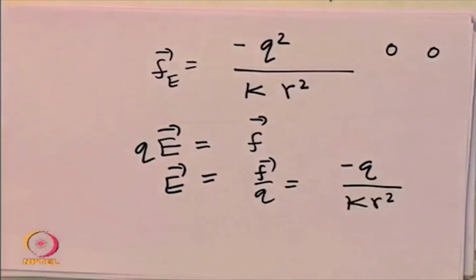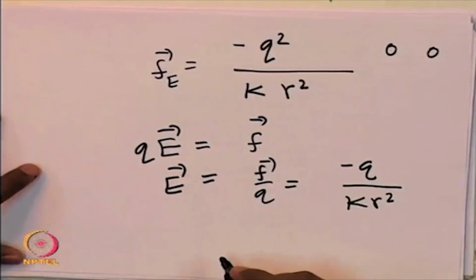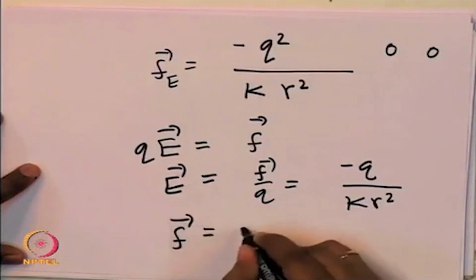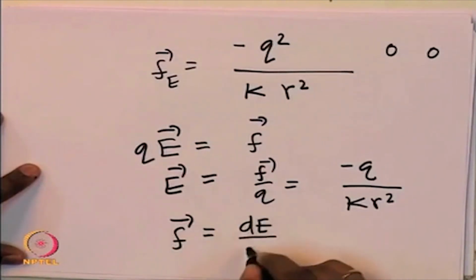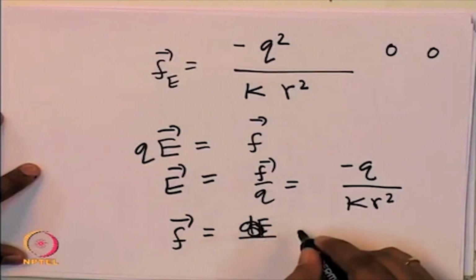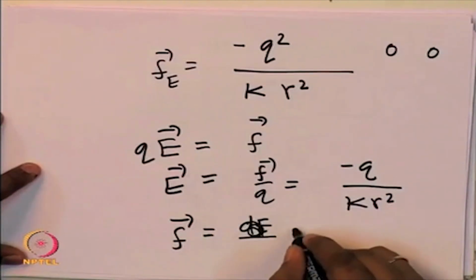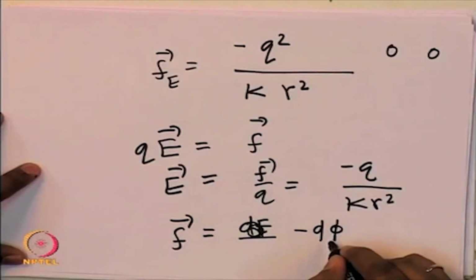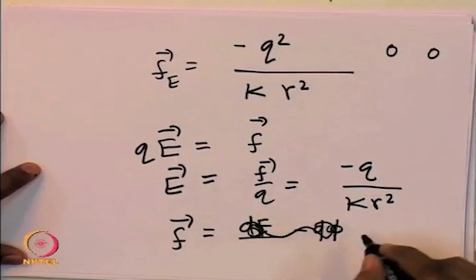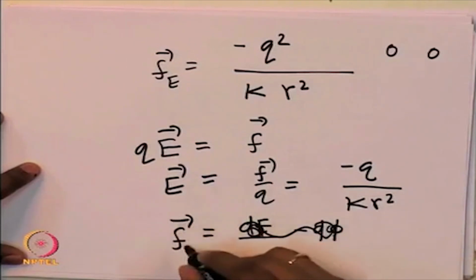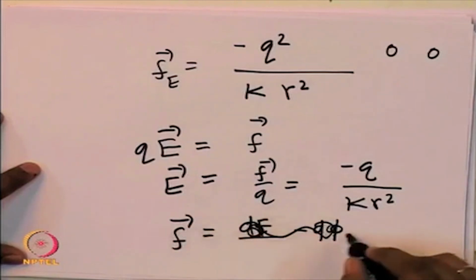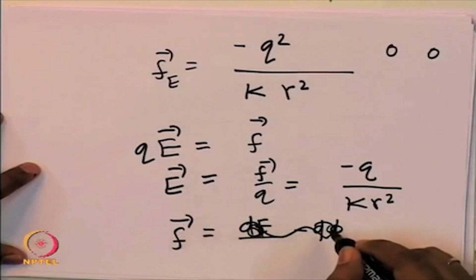This is our E. And we said in previous lectures that the force is minus del E by del R, the derivative of energy with respect to R. So, let me call phi the energy here. Generally, force is the derivative of energy.